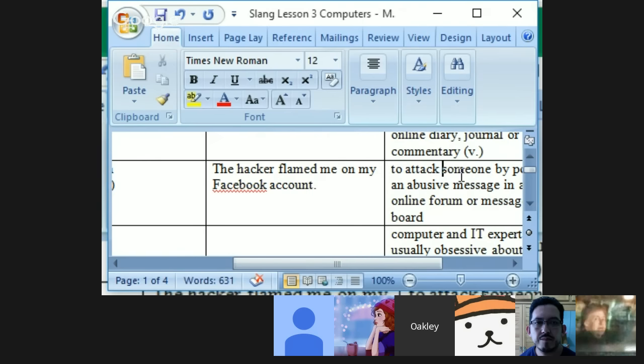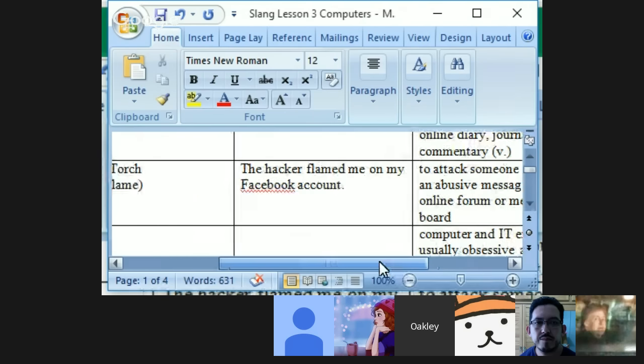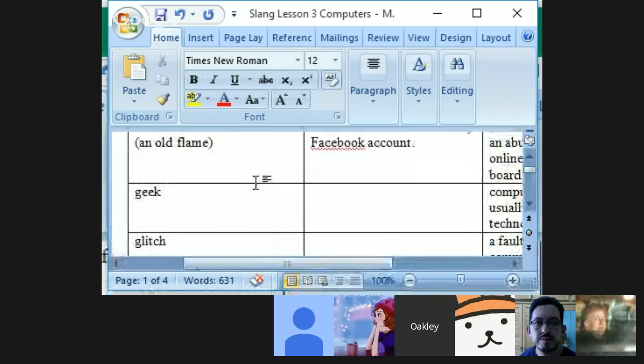Not just to attack, but to attack someone. You flame somebody. Oh, he really flamed my comment. He flamed my comment. I need an object noun to use this slang verb.